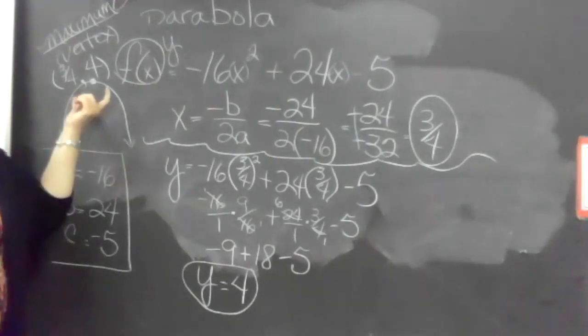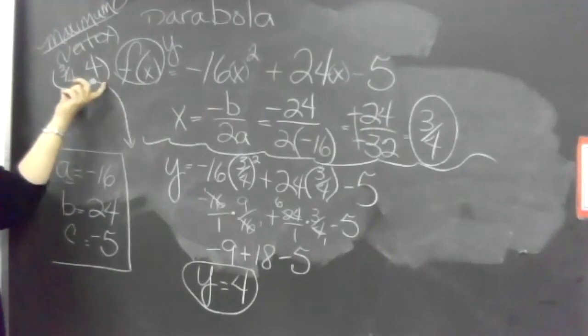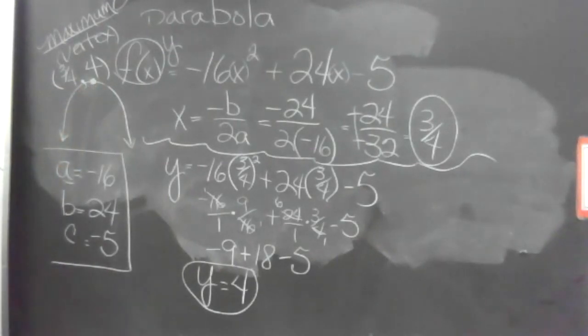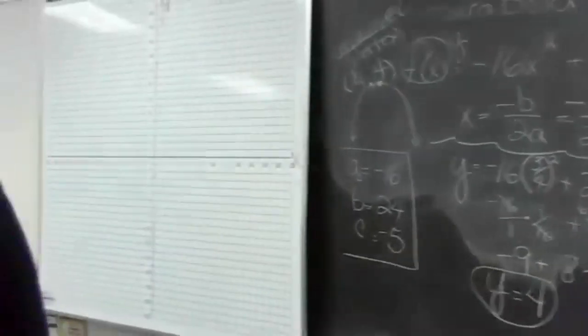But sometimes you will see the answer like this, because this is the point that is the vertex. It's a done deal. But if they want to know what the highest value is, remember that if we would graph this, we need a different system here.